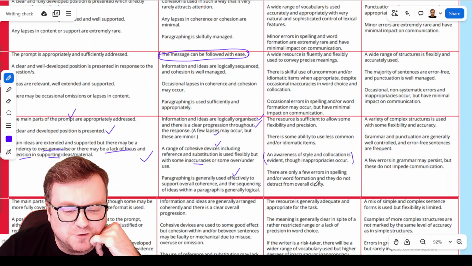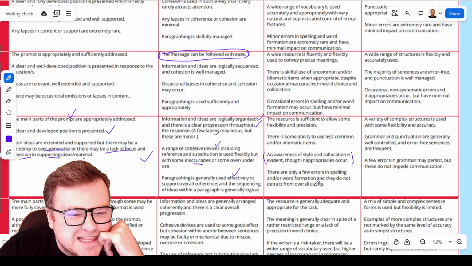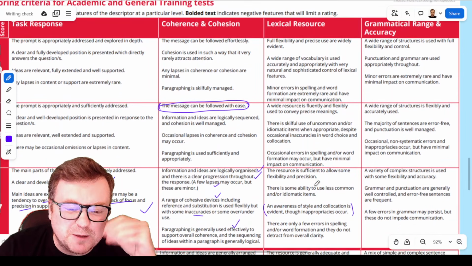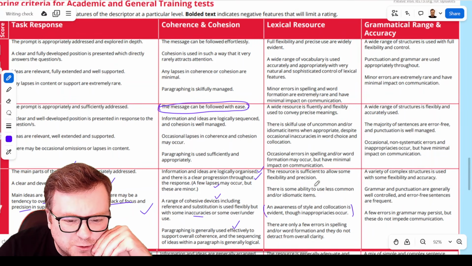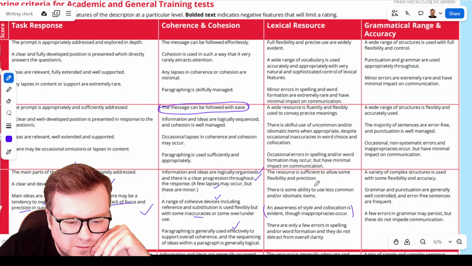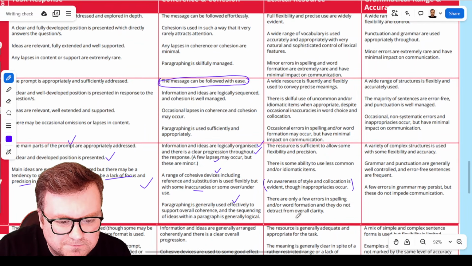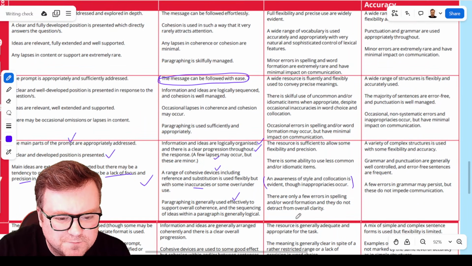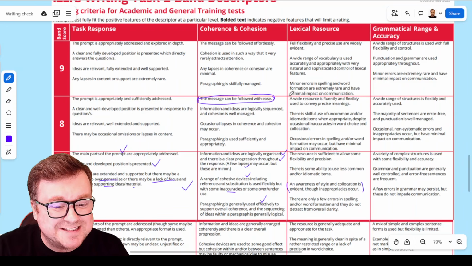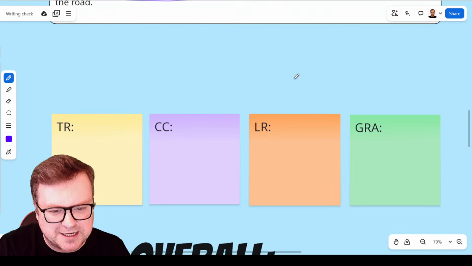I do think there's enough good vocab in there for an 8. But maybe I felt just slightly generous giving the 9 for grammatical range and accuracy. So maybe I'll be slightly harsher with lexical resource. Tricky one, but I am going to go with a 7 for lexical resource. But the candidate definitely has potential to get an 8, possibly even 9 in lexical resource.